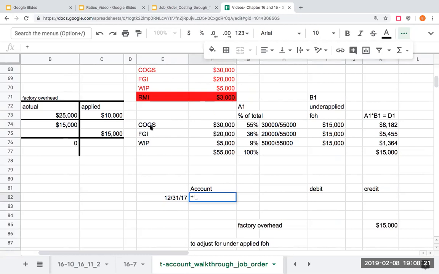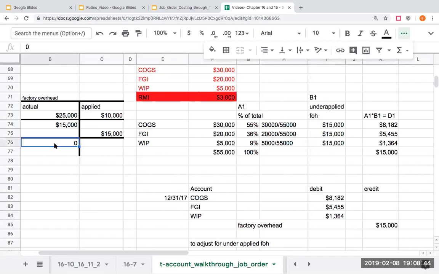So cost of goods sold, finished goods, and work in process will each see adjustments of 8,182, 5,455, and 1,364. Instead of just debiting cost of goods sold, I debit cost of goods sold, I debit finished goods inventory, and I debit work in process.